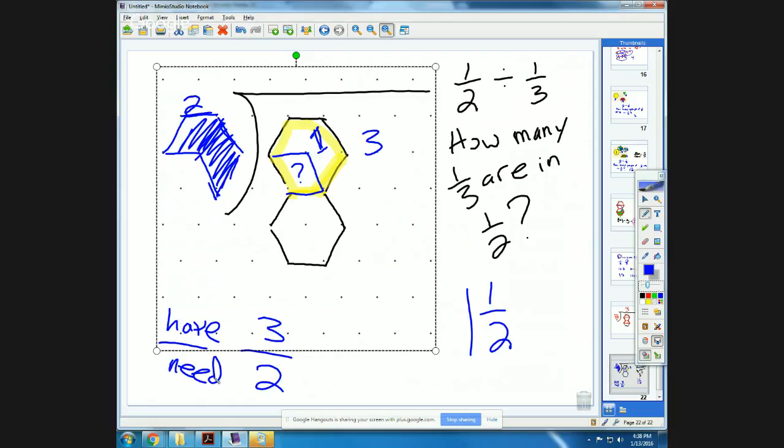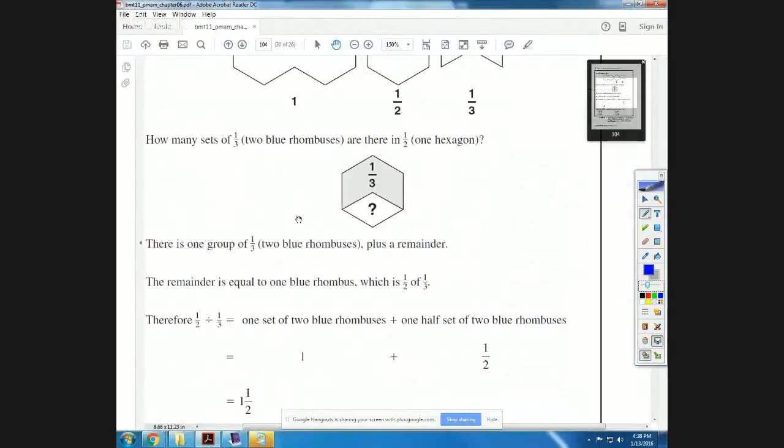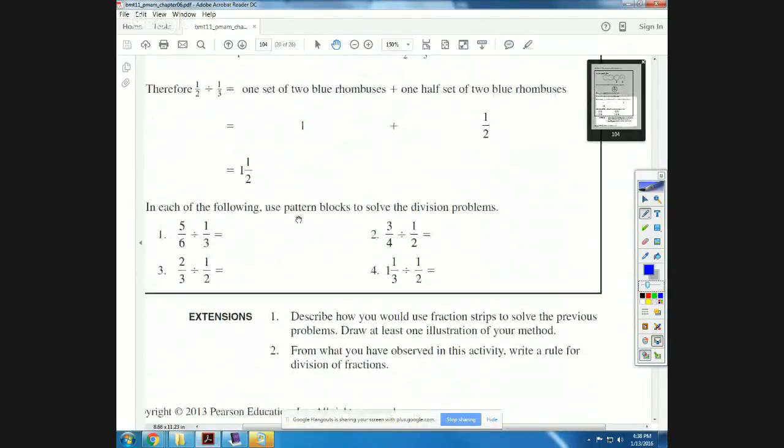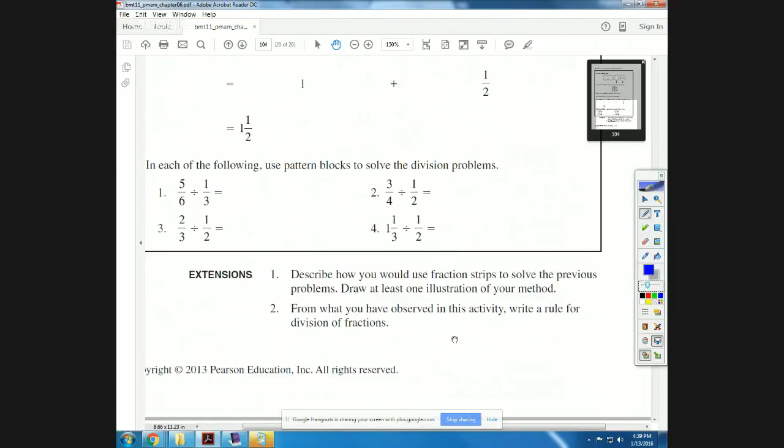All right, let's see, is there anything else I wanted to go over before I set you free? Yeah, so then they ask us to use the pattern blocks to try and solve these problems here. Describe how you could use fraction strips. And then we want to be able to write a rule for division.